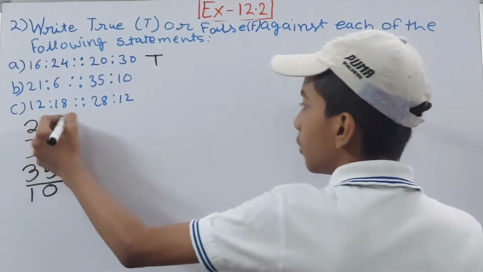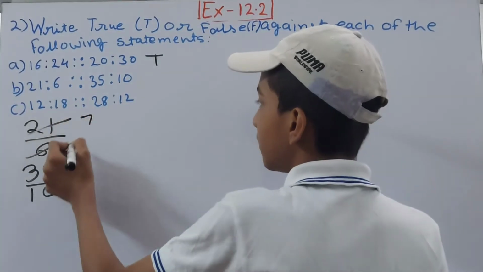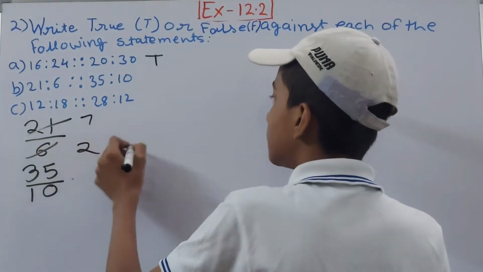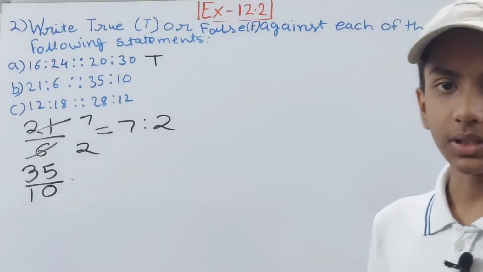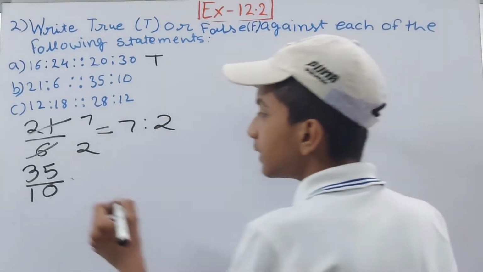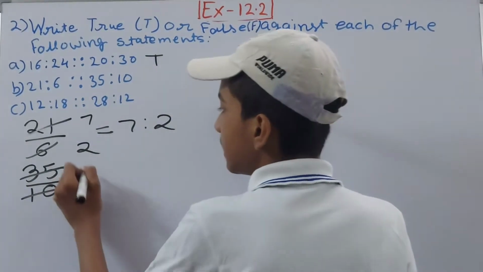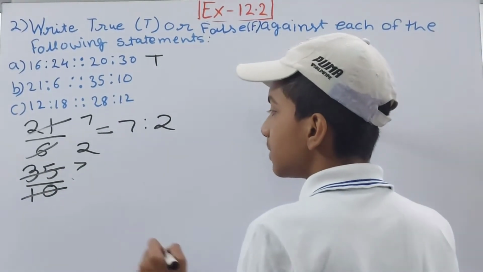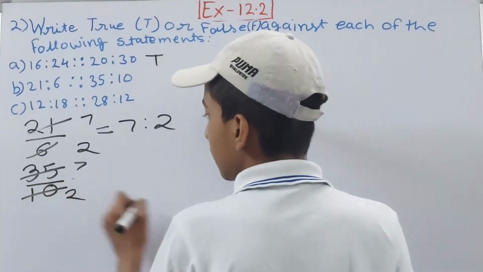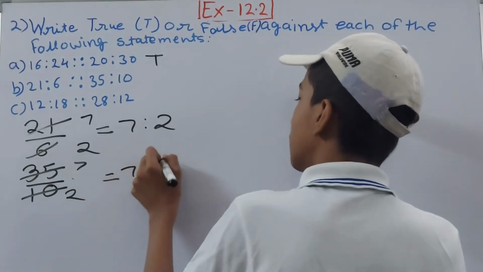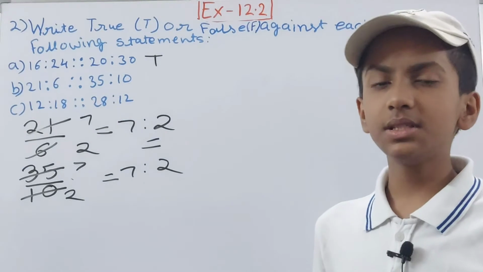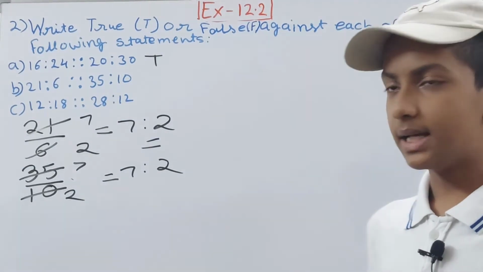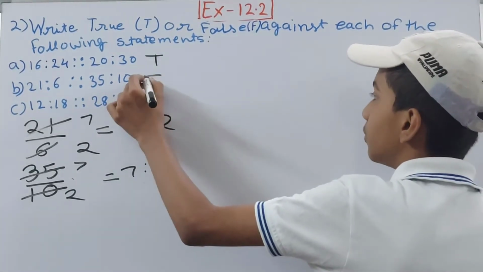So we will cut both of these by 3. This will be 7 times and this will go 2 times. Now you have 7 is to 2. And second, you have this one by 5. So 35 goes 7 times by 5, and 10 goes 2 times. So you get 7 is to 2. Once again you can see both of these are equal. So that means these are in proportion and your statement is true.